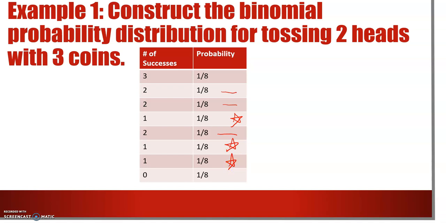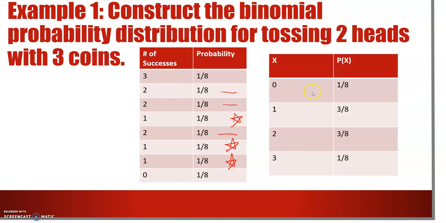Find those totals for the 2 successes and 1 success. So we could have 0 heads, 1 head, 2 heads, or 3 heads. The probability of 0 heads was 1/8. The probability of 1 head is 3/8. Probability of 2 heads is 3/8. And the probability of 3 heads is 1/8.